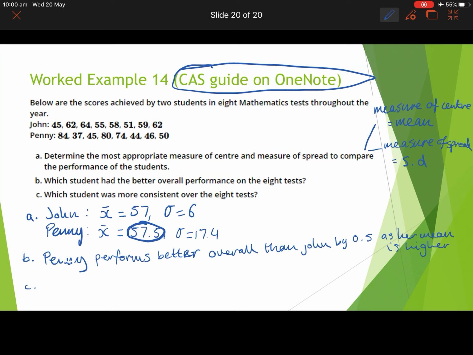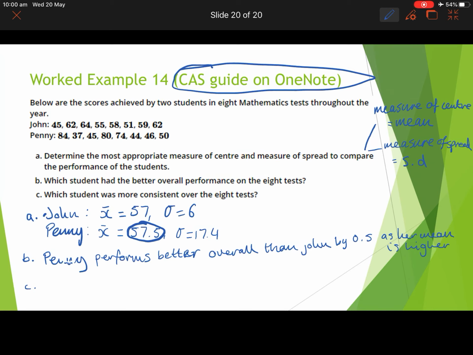Okay. C says which student was more consistent over the 8 tests. So what that looks at is the spread, so our standard deviation. So who has the less spread? Whoever has the smallest standard deviation means that their test results were more similar.